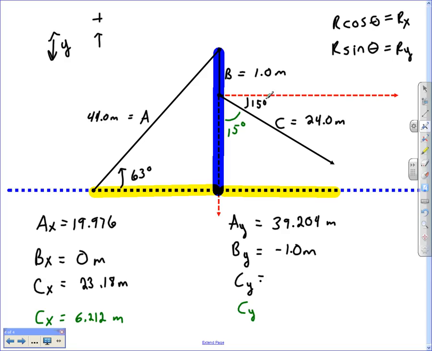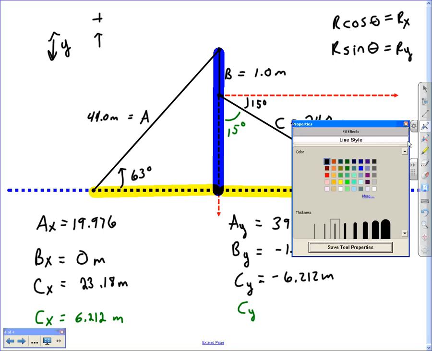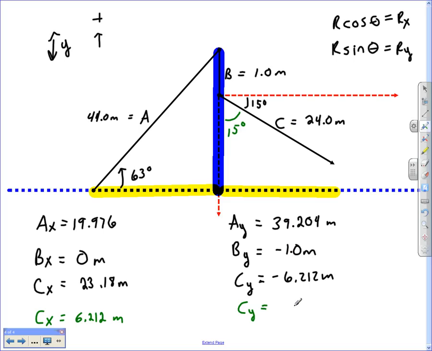Regardless of how you did the problem, CY was going to be negative, so it's a negative 6.212 meters. If you did the alternative method, here in the green, it would have been a negative 23.18. So if you did the alternative method, CX and CY just switched, but CY maintains the negative value because it is still in the negative direction.